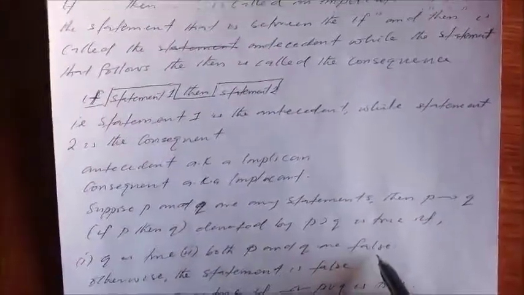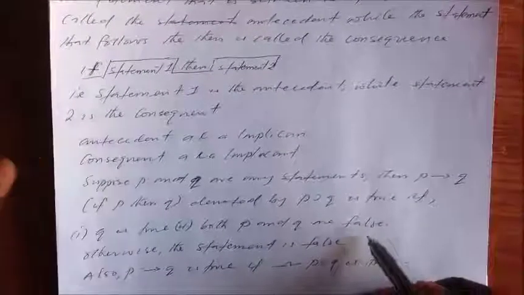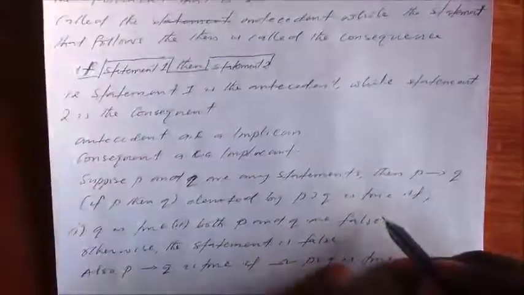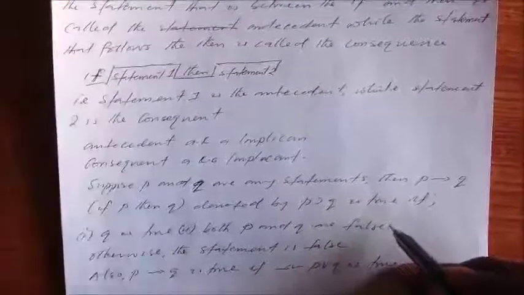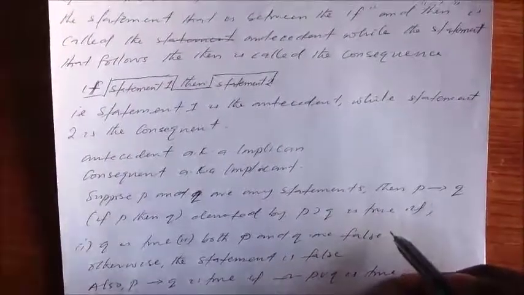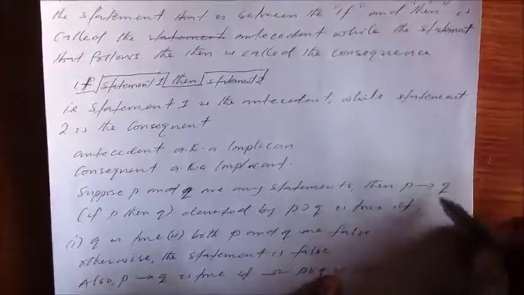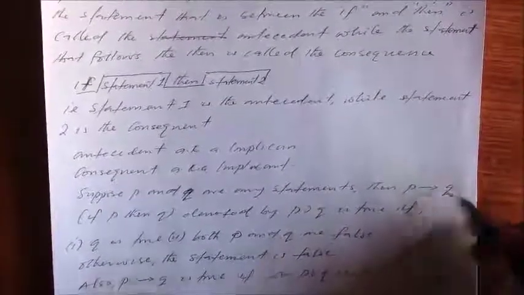Otherwise, the statement is false. False, false is true. But true, false is false. False, true is true. That's why we say that if P implies Q, Q must be true.